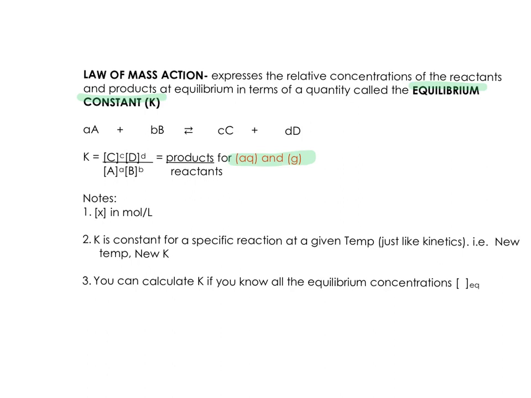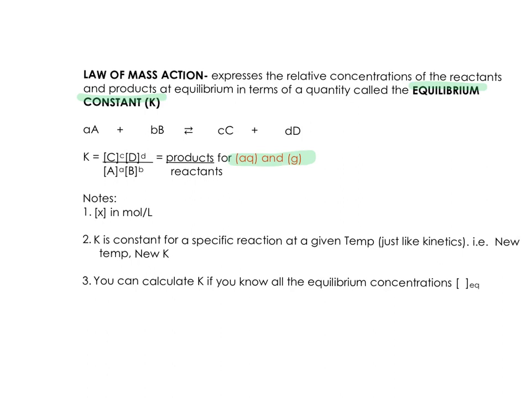These are the only two you can put in, and that is because if you have a solid or a liquid, the amount doesn't change very much, so they pretty much stay constant, so they become part of the K. So in your equilibrium expression, you can only put anything that's aq subscript or a gas subscript. And we'll get into practice writing them.